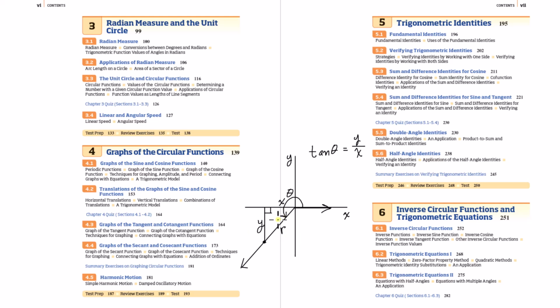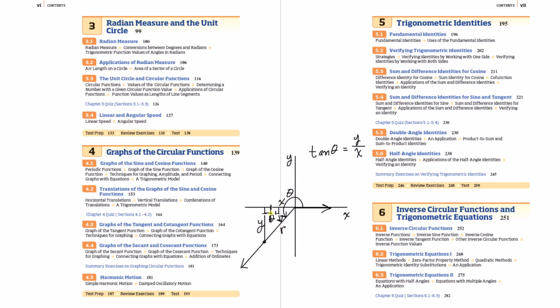There's the reference angle here, and you do SOHCAHTOA based on the reference angle, just honoring the signs of the x and y. You're not finding the trig functions of the reference angle, but you're just using that angle to do SOHCAHTOA, again honoring the signs of x and y. That's the definition of the trig functions.